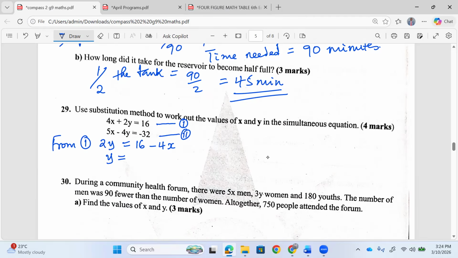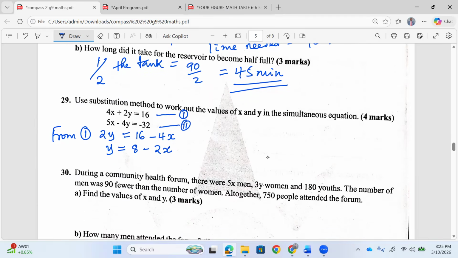The value of y shall be, we have to divide through by 2. If 2y equals what we have on the right-hand side, then to remain with y, we divide by 2 both sides, and you divide through exactly. You get 8 minus 2x. This is from equation 1. Then equation 2 can now be expressed.